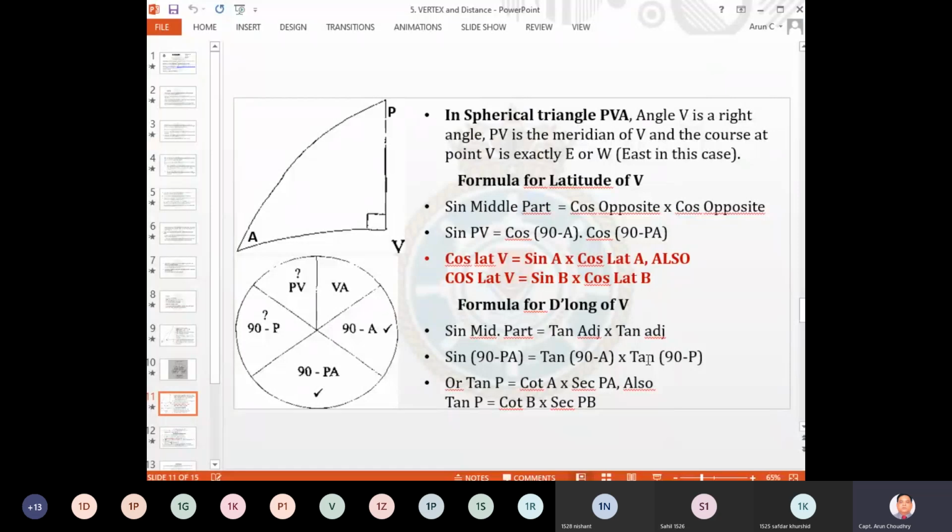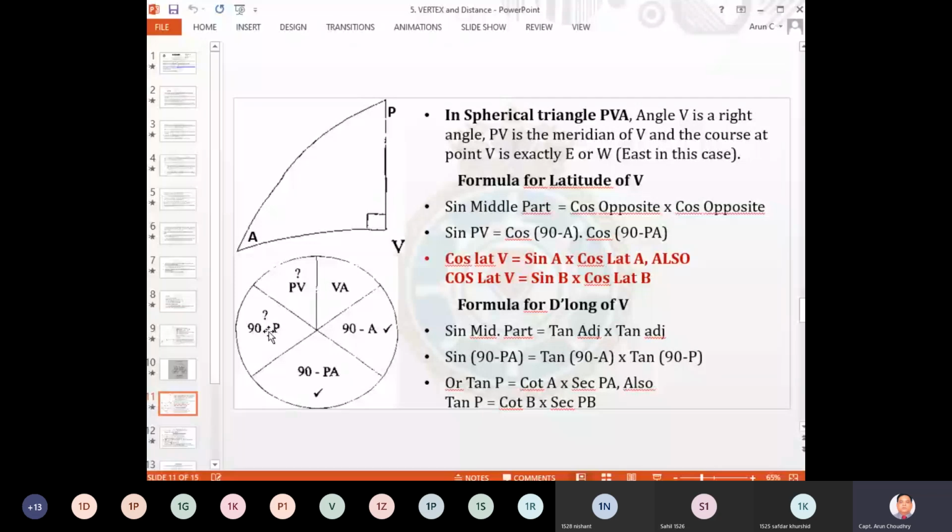Don't try to mug up that if the latitude is here, then I have to multiply by these two. No, because it can go the other way also. If I had put PV into this slot and VA into this slot, then 90 minus A would be here. So remember that, try to understand what we are doing so that it becomes easier for you.